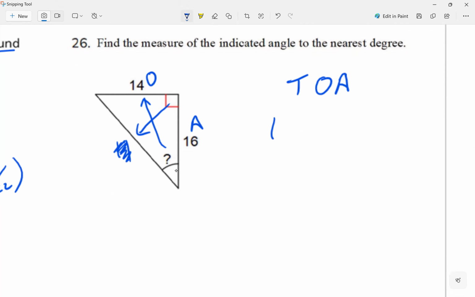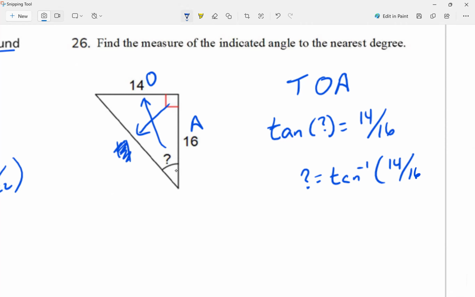That means tangent of the question mark is equal to 14 over 16. That means that angle is equal to tangent inverse of 14 over 16.